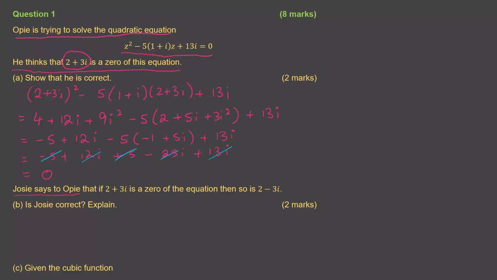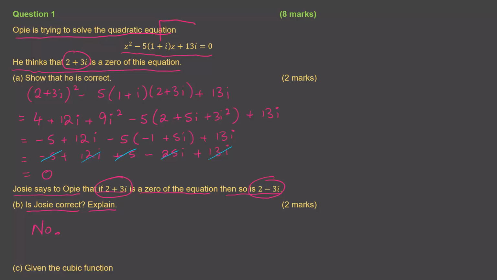Josie says to OP that if 2 plus 3i is a zero of the equation, so is 2 minus 3i. Is Josie correct? Well, no. It's only true that you get roots in conjugate pairs if all of the coefficients are real.